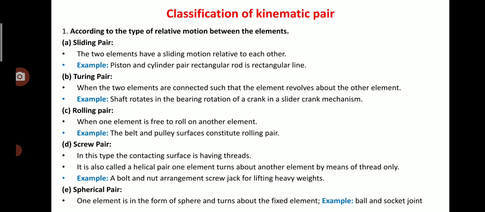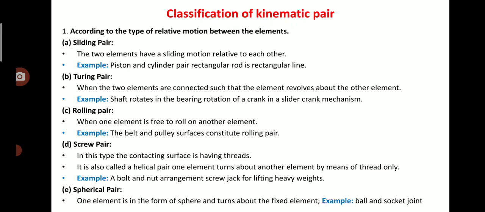So in case of turning pair, the element revolves, while in case of sliding pair, the element slides. Examples of turning pairs are a shaft rotating in a bearing and the rotation of the crank in a slider crank mechanism. Third classification is rolling pair. When one element is free to roll on another element, it is called a rolling pair. So rolling action can be seen in a rolling pair. An example is the belt and pulley surface constituting a rolling pair.